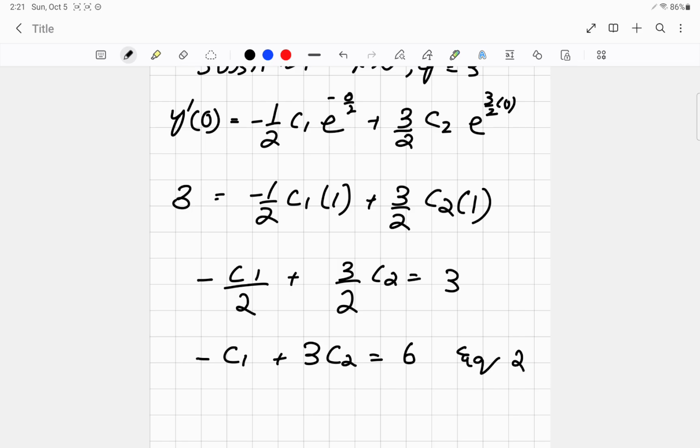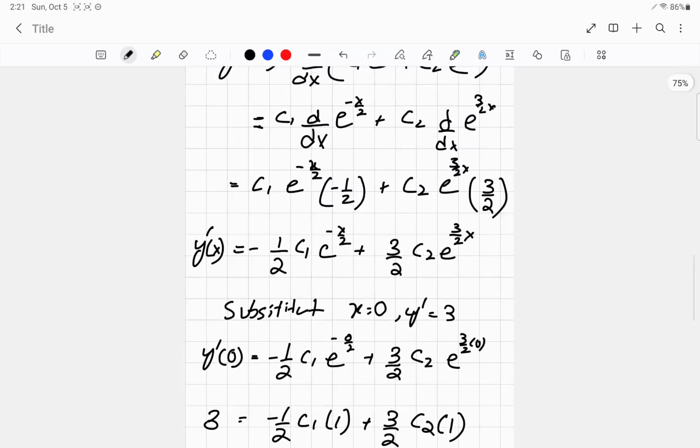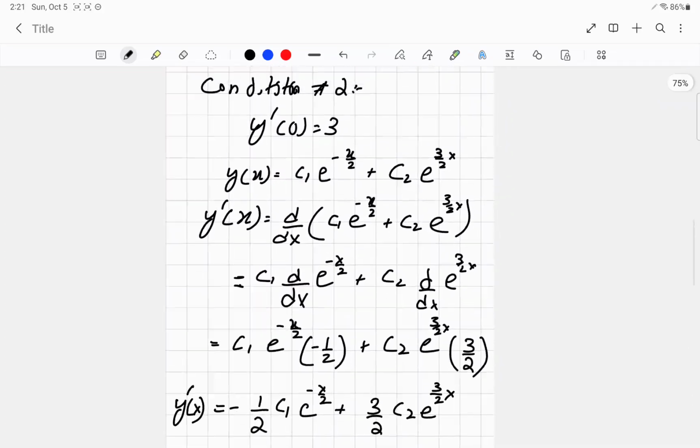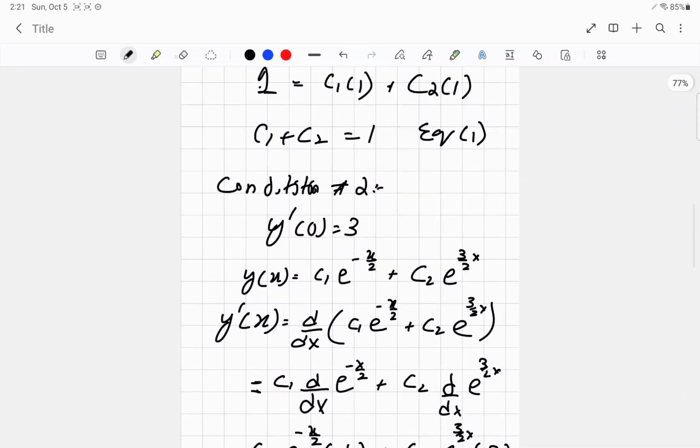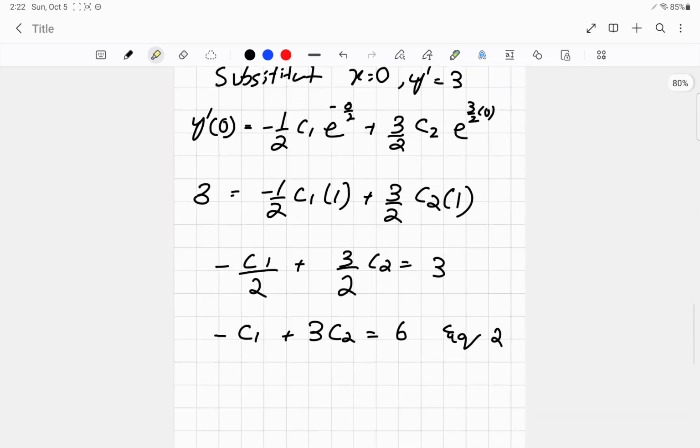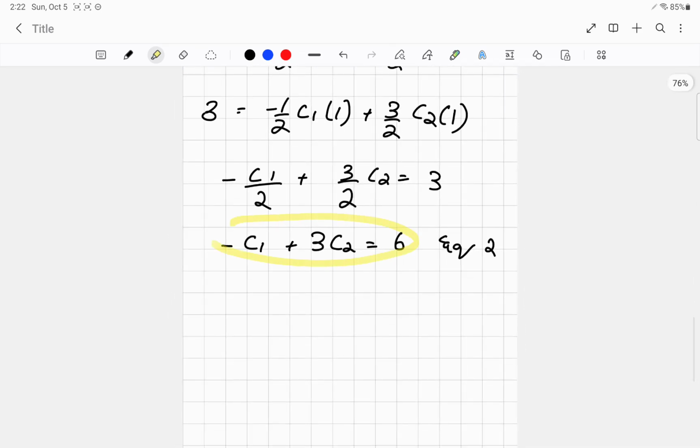Now add equation 1 and 2. Our first equation was this one, and this is my second equation.